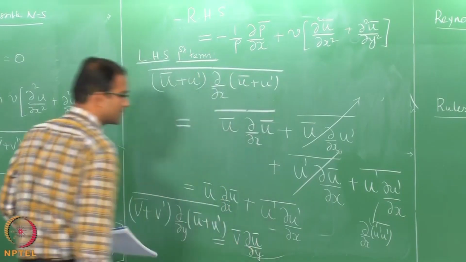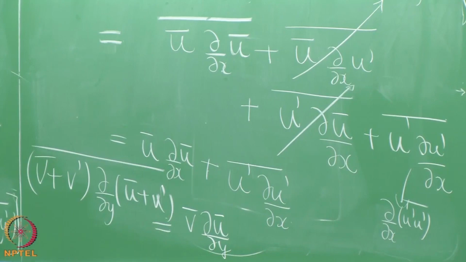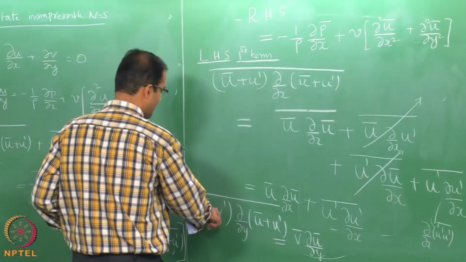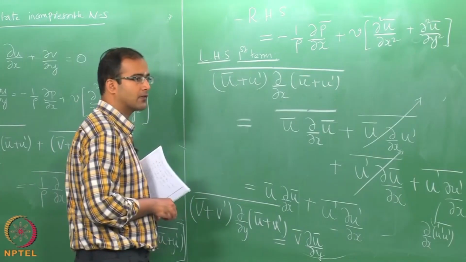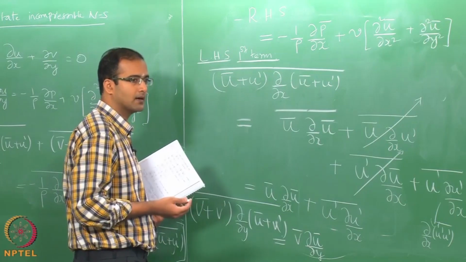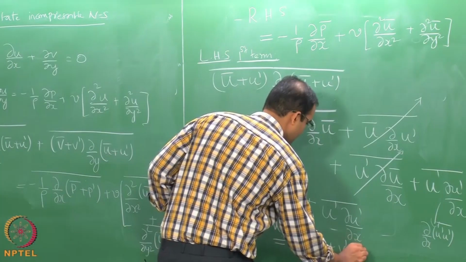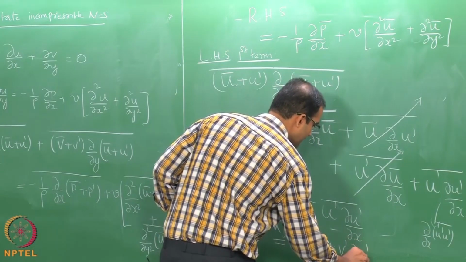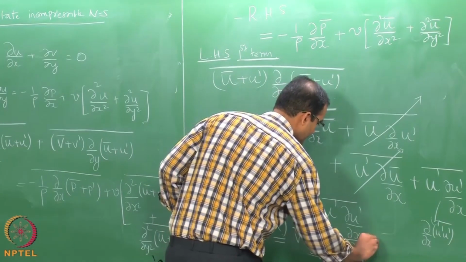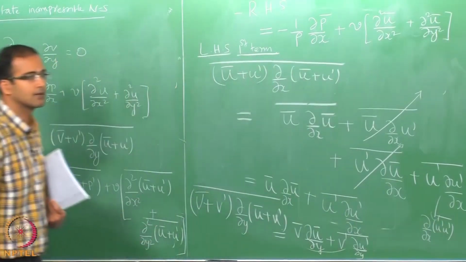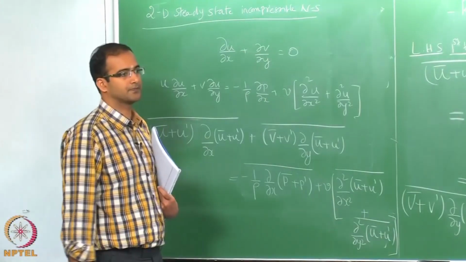The mean components will come as they are. Now the fluctuating components, when they are multiplied with the derivative of the mean components, will be gone, and you have another component, v prime du prime by dy, and the mean of this will not be 0.